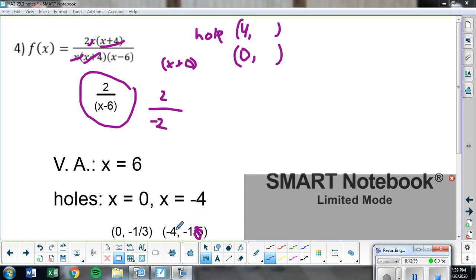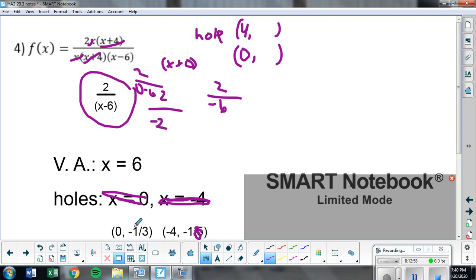So one of my holes now is correct, at -4, -1/5. I don't need to write that x value because it's not actually a line, it's a point. And then plug in 0 here, so that's going to be 2 over 0 minus 6. That's 2 over -6, which is -1/3. Okay, so there's my vertical asymptote. There are my two holes.